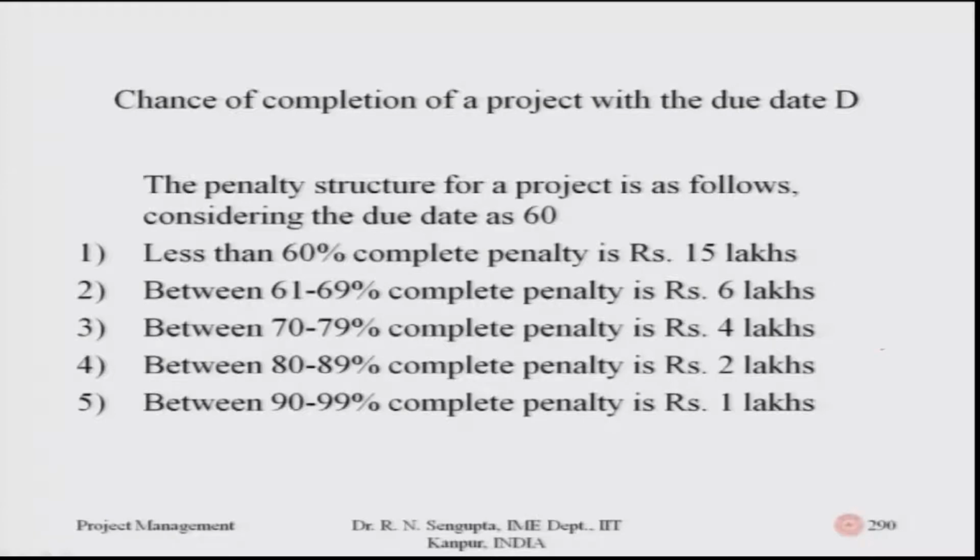So, there is a fixed penalty; in that case, what I mentioned was 2 lakhs per day. Between 61 and 69 percent complete, you pay a penalty of 6 lakhs. Between 70 to 79, you pay a penalty of 4 lakhs. If between 80 to 89 is complete, you pay a penalty of 2 lakhs, and between 90 to 99% complete, you pay a penalty of 1 lakh, which means the more complete, the less the penalty.